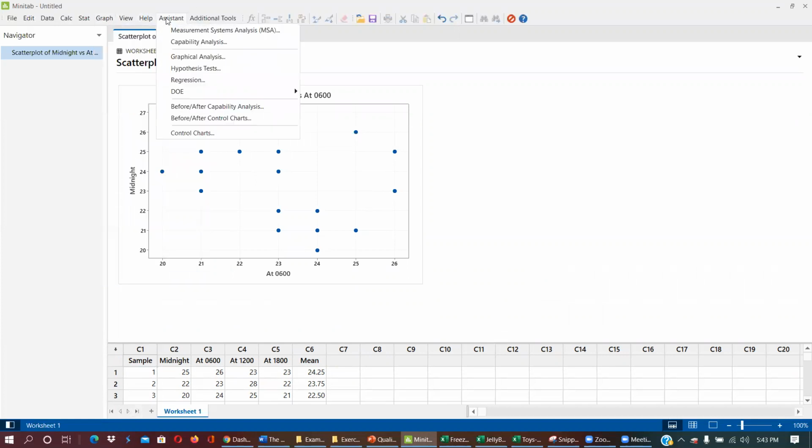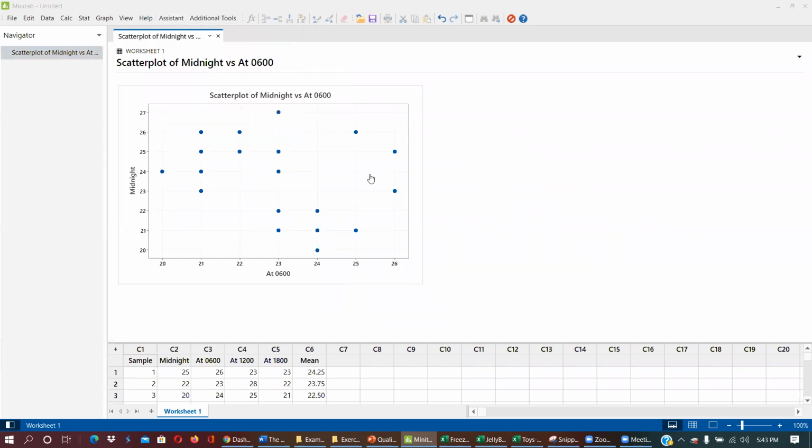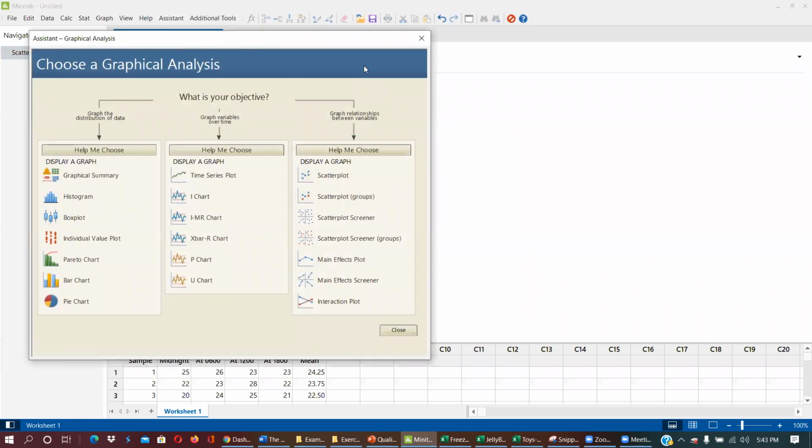You also have an option called assistant, and under assistant you have the control charts, before-after control charts, before-after capability analysis, and also graphical analysis. This is very well explained.